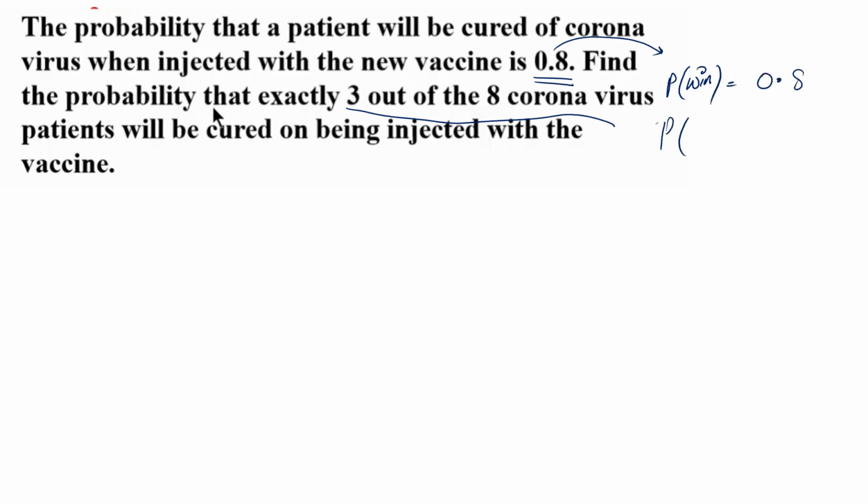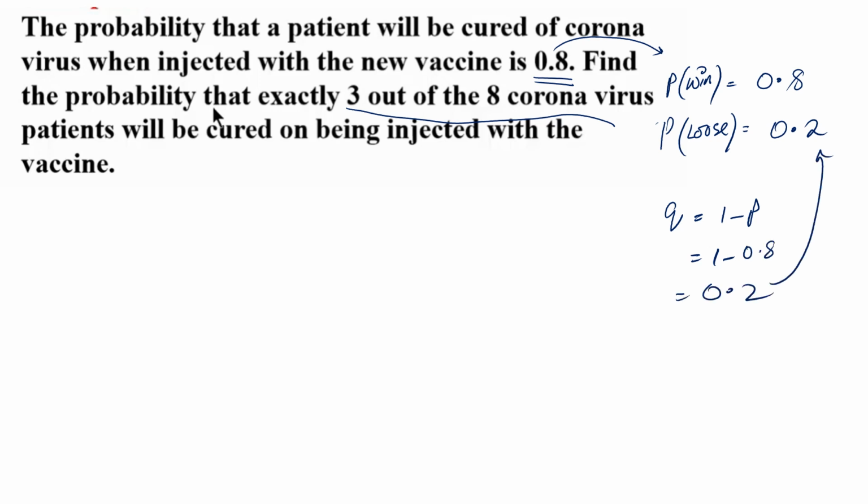Probability of losing is what? Now we know that the total probability is 1. So 1 minus 0.8 will give you 0.2. So in order to get Q, the answer is 1 minus P, which is 1 minus 0.8. So you will get 0.2. That means not getting cured.